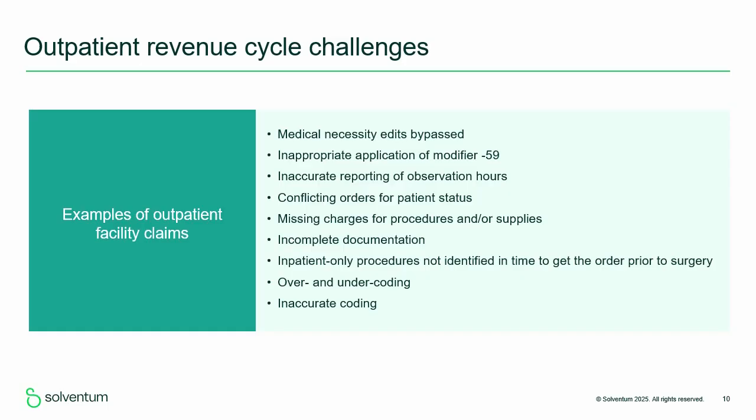Additional challenges are inaccurate reporting of observation hours. There are several components to billing for observation services, and one of those is carving out time when the patient is receiving services off the floor.